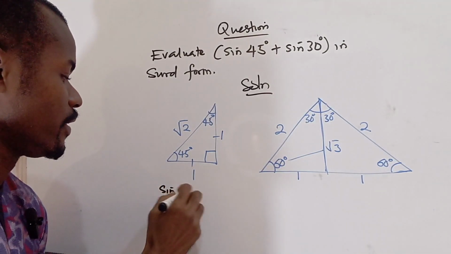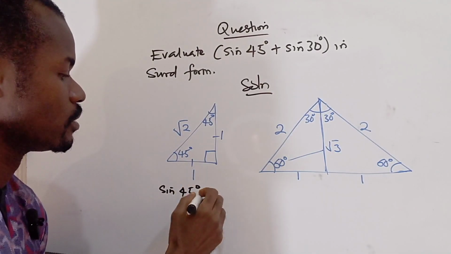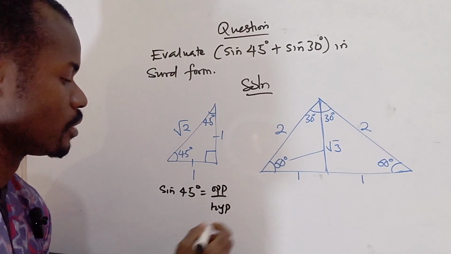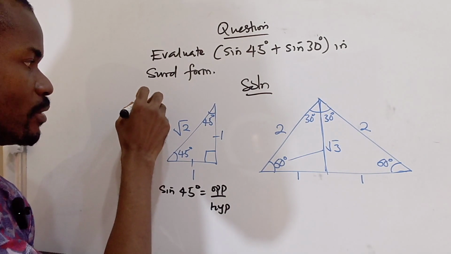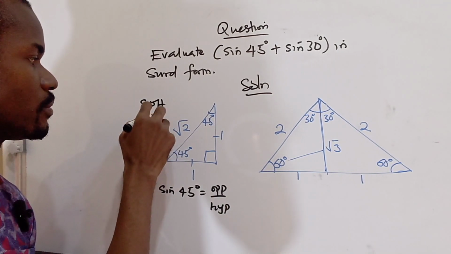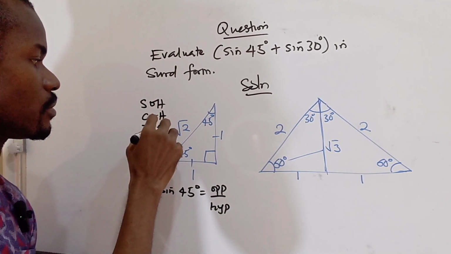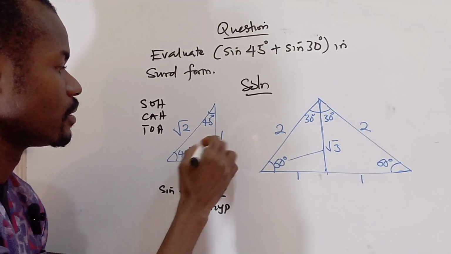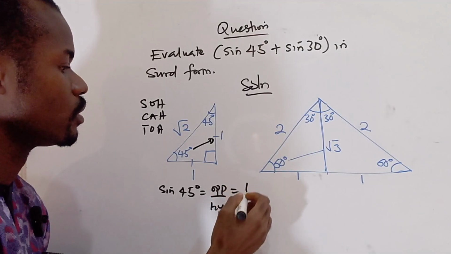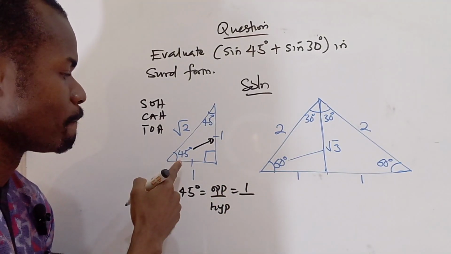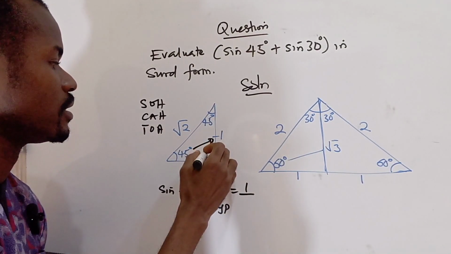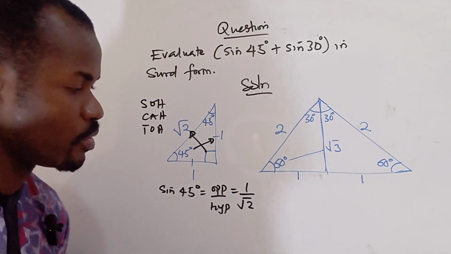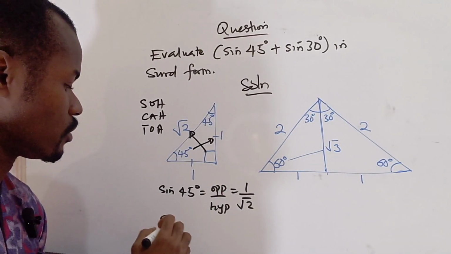Sine 45 here is going to be, remember, our opposite over hypotenuse, because we remember our SOHCAHTOA. So my opposite here is 1, over our hypotenuse, which is square root of 2.